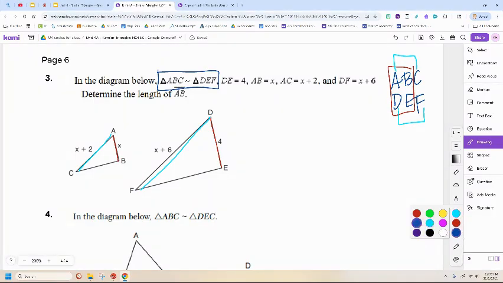So there will be more than one correct proportion. The way that you're going to check if your proportion is right is if we have the same cross products. Okay? I'm going to do x over 4.